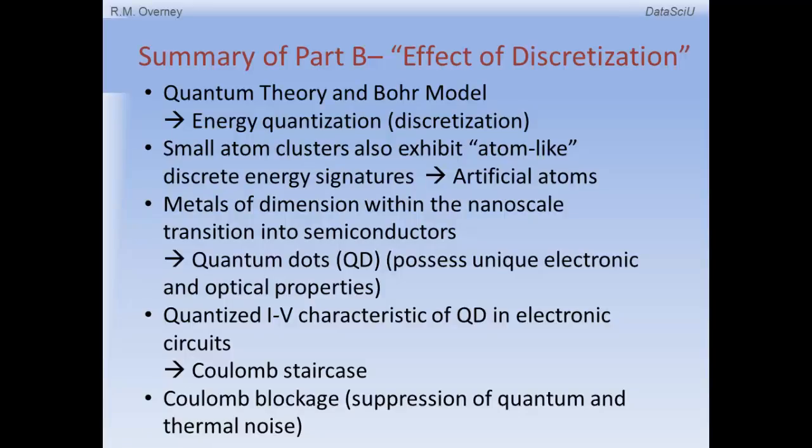This brings us to the end of this part of the lecture that was provided in 2 sections. Recognizing with the atomic structure of matter that energy occurs in discrete form, a new field of science evolved called the quantum theory.